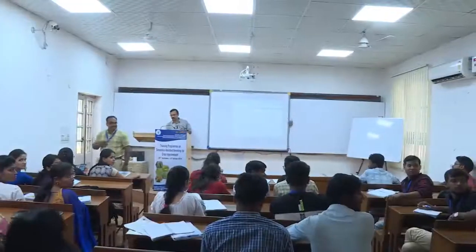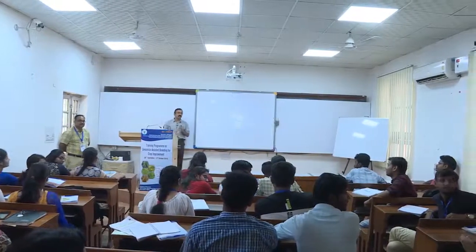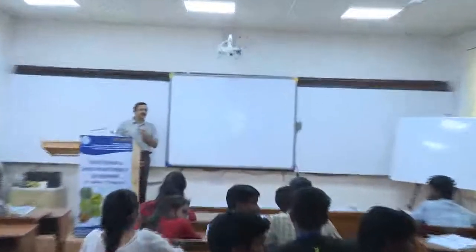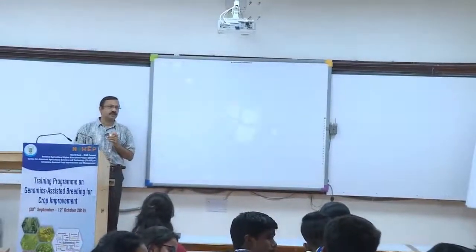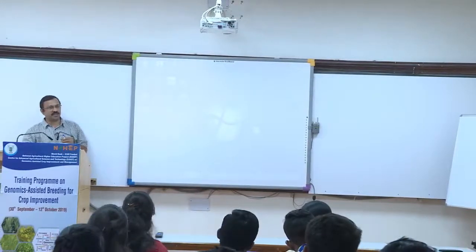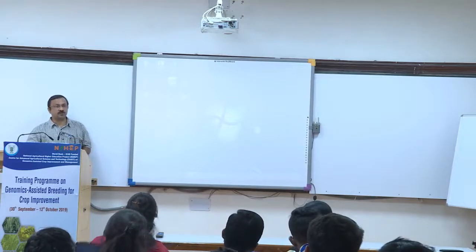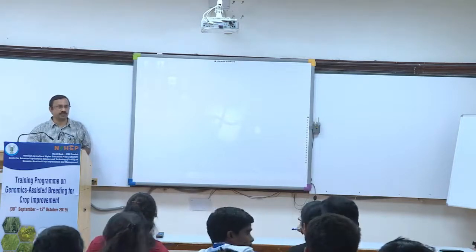In spite of those SSR markers we have validated, how many DArTs and SNPs have we identified and pulled? It's a huge repertoire. There are a good number of papers: 40,000 DArTs, 1 lakh and odd SNPs. RAPDs are no longer used. I told you, you should know what your repertoire is.